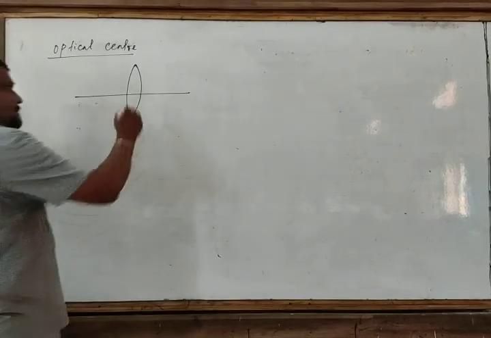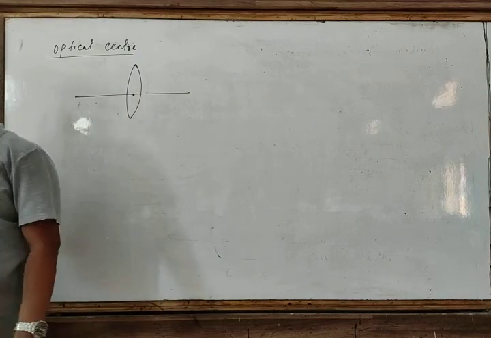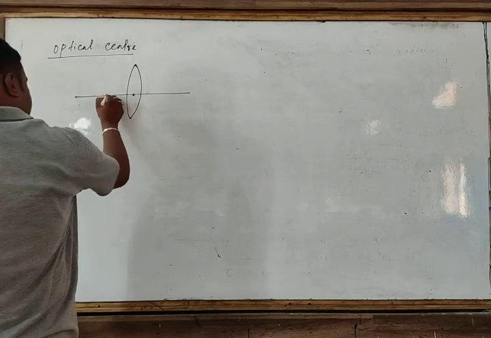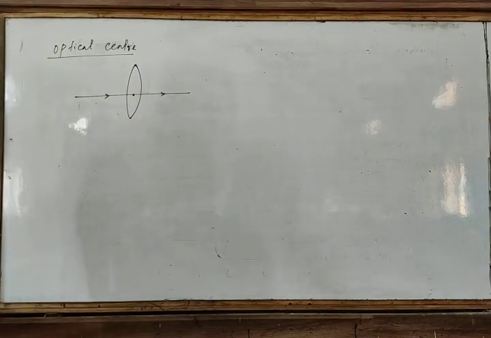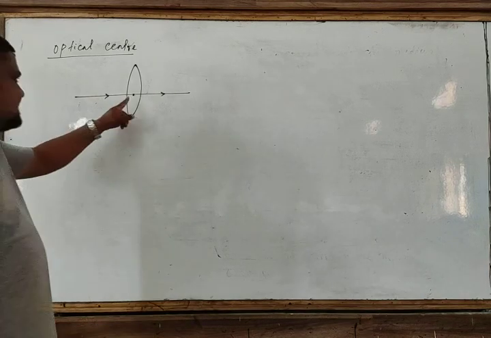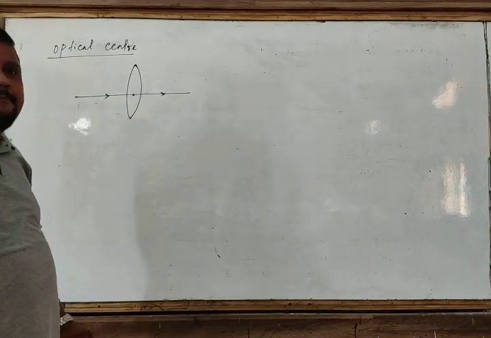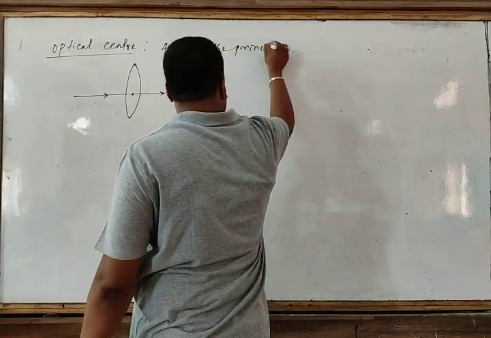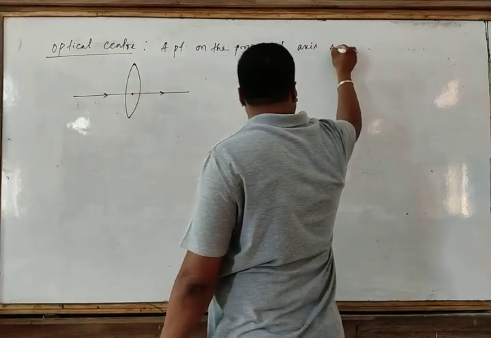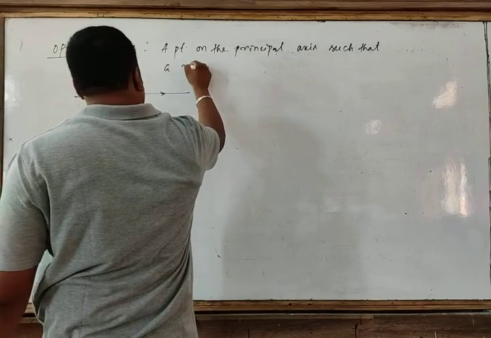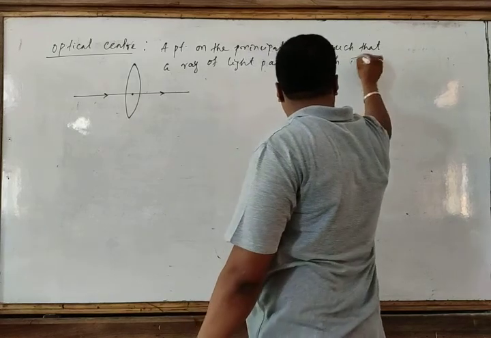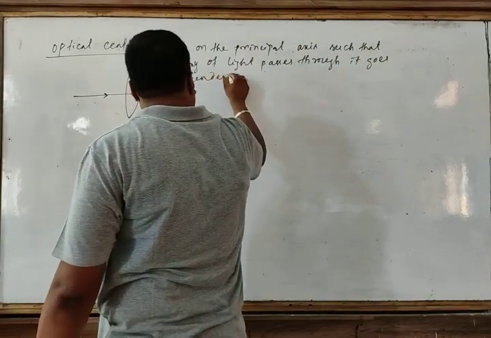It is a point on the principal axis such that a ray of light passing through it goes undeviated.